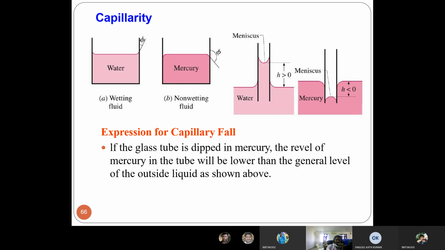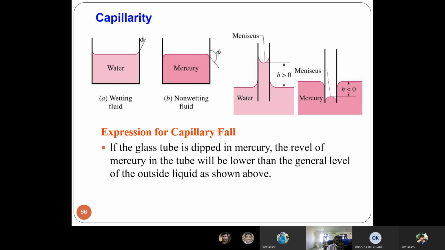This capillary rise or fall will depend upon the density and surface tension. Here we are taking two liquids, water and mercury, in different beakers. This is forming one layer, and this is making an angle theta here and here. In the liquid, if you insert one glass tube, the water level rises up and forms a concave shape. This H is greater than 0.